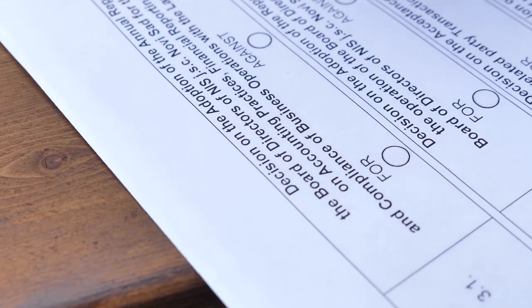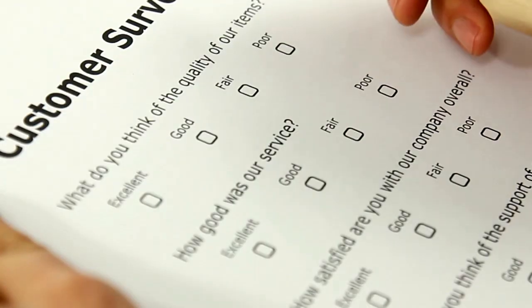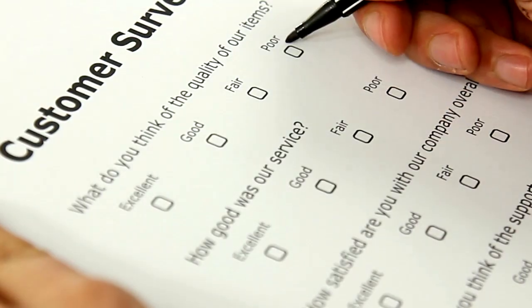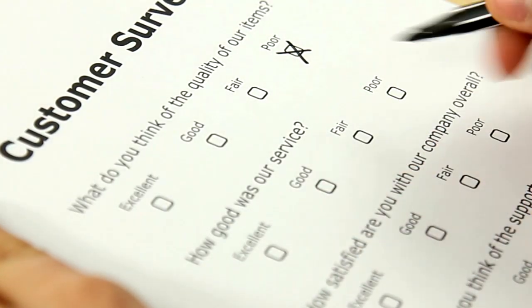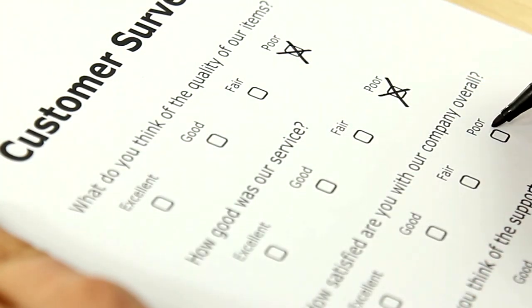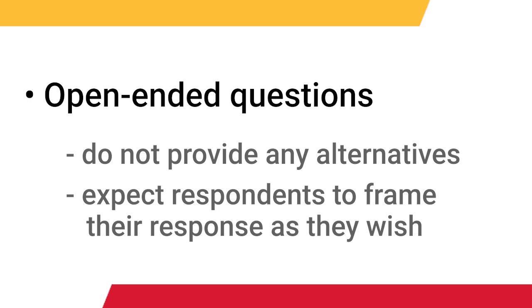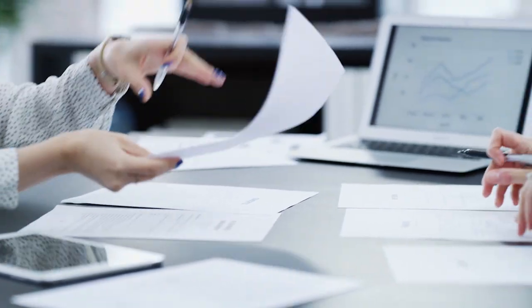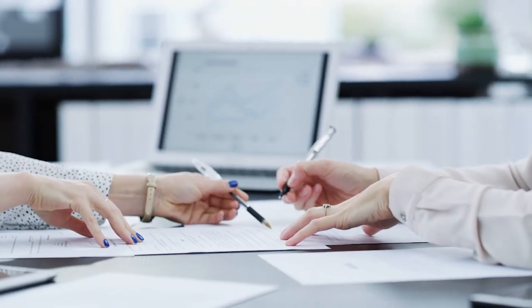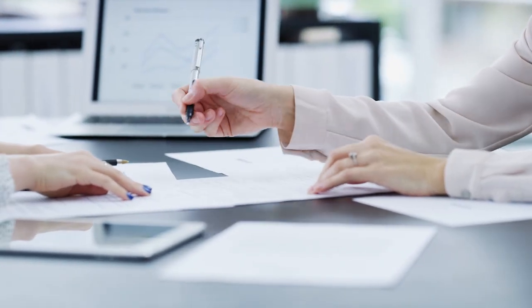So for example, to a question as to why a certain brand is preferred, the close-ended question would list a limited number of alternatives such as price, quality, brand name, etc. In contrast, open-ended questions do not provide any alternatives and instead expect respondents to frame their response as they wish. Typically, the interviewer asks follow-up questions that require the respondents to clarify and elaborate on their open-ended answers.